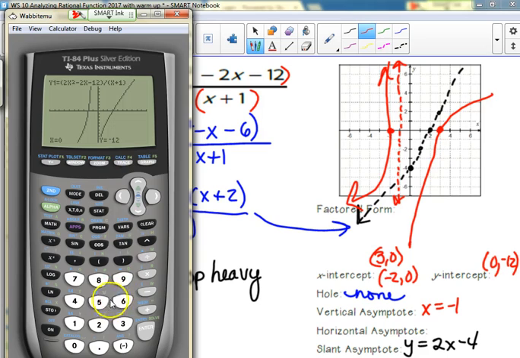If I did 6, where is it supposed to be at 6? Up at 6. More up here. Anyway, good enough. Or bad enough in my case.